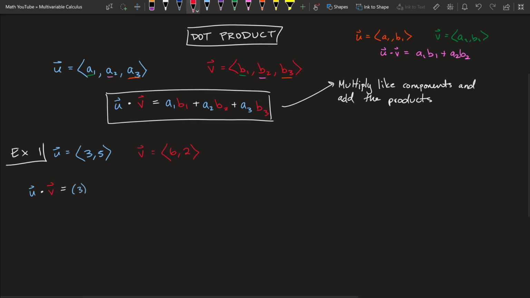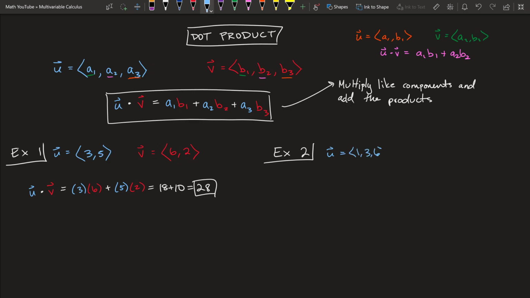So we're going to take the 3 and multiply it by the 6, and add it to the 5 multiplied by the 2. Multiply the first components together, multiply the second components together. If I do that, I get 18 plus 10, and so the dot product of U and V is 28.